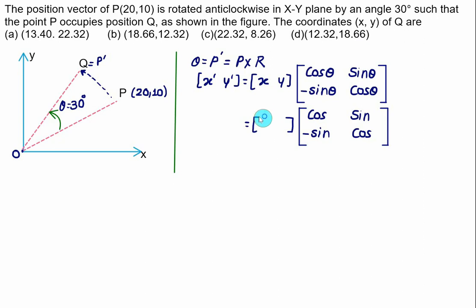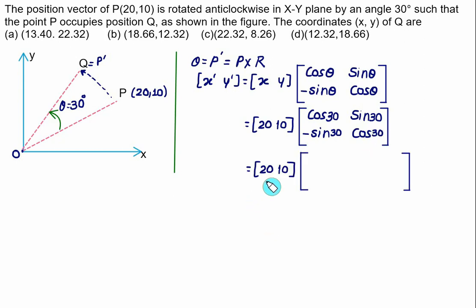So X coordinate is 20, Y coordinate is 10, and angle theta you have to replace as 30. So we have cos of 30, sin of 30, minus sin of 30, cos of 30.